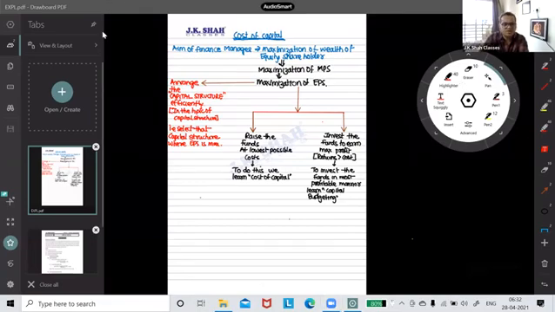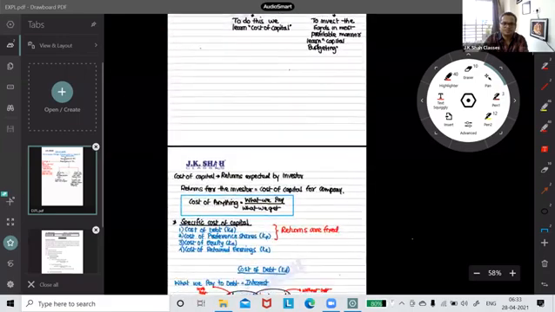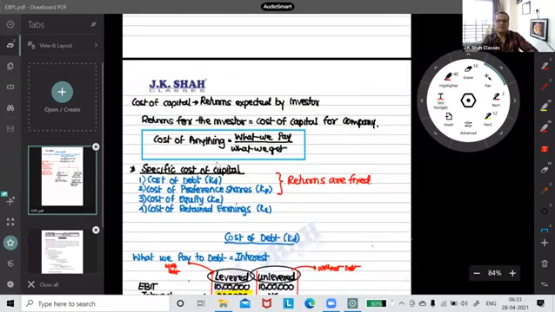Right, friends, this is what we started yesterday, correct? That we will be talking about specific cost of capital, true? And then we went on to understand this, right? Specific cost of capital. And yesterday we did talk about this KD and KP, correct?